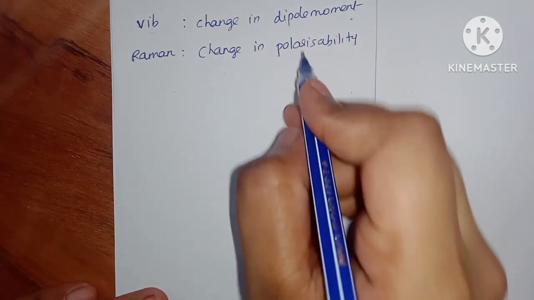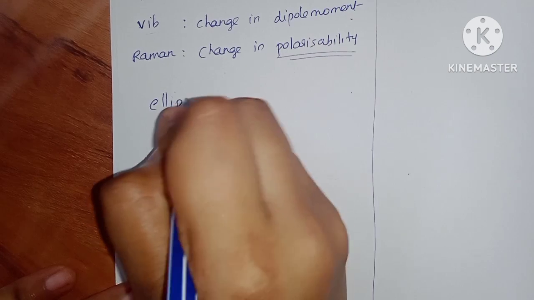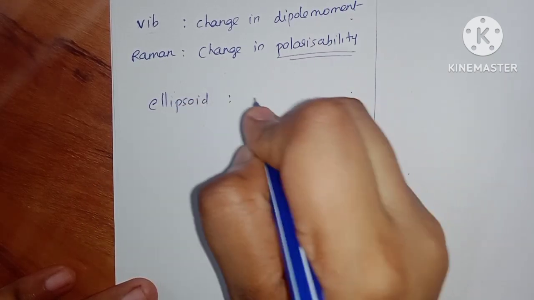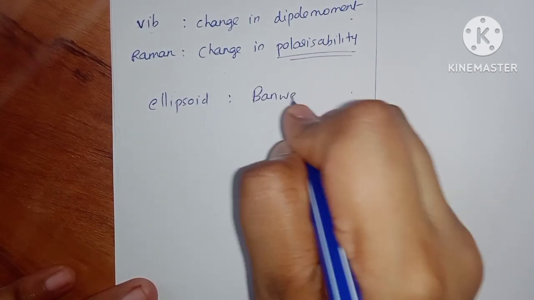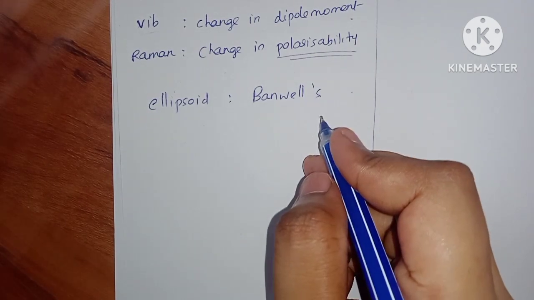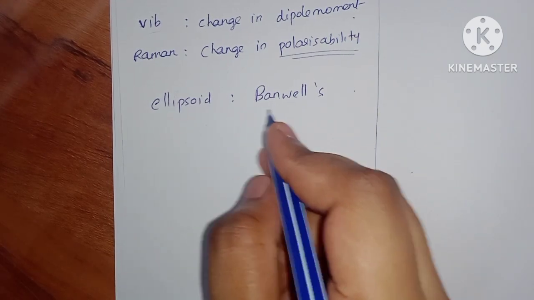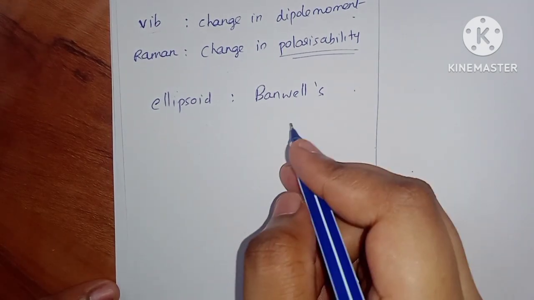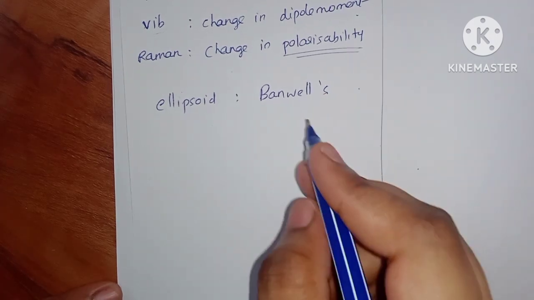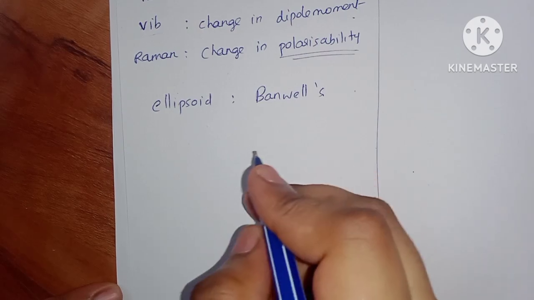To understand the polarizability concept, there is a concept called the ellipsoid, which is discussed in Banwell's Molecular Spectroscopy. It is written very descriptively there, so we are not going into that much detail. We are using an easier version to understand whether a molecular vibration involves a change in polarizability or not.